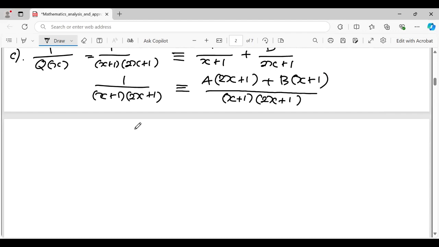And it becomes A times 2x plus 1 plus B times x plus 1 equals 1, this.